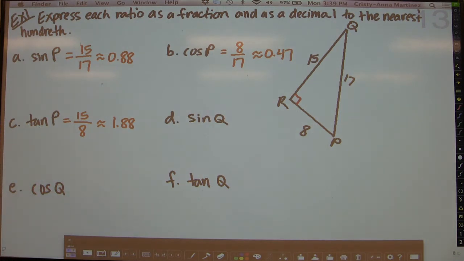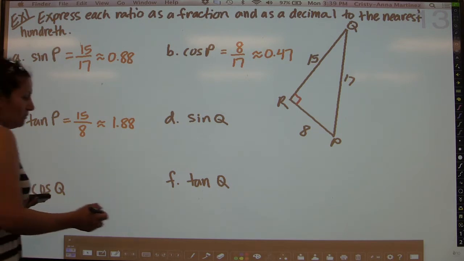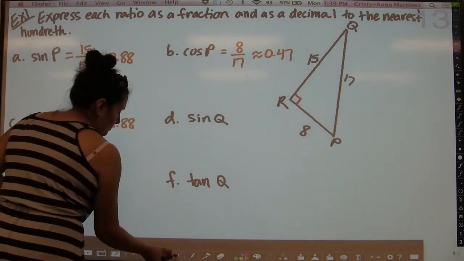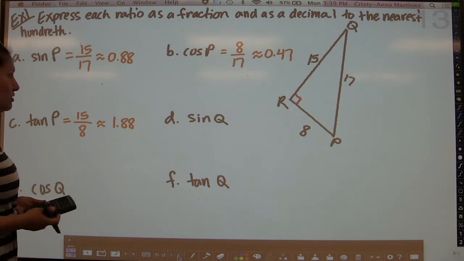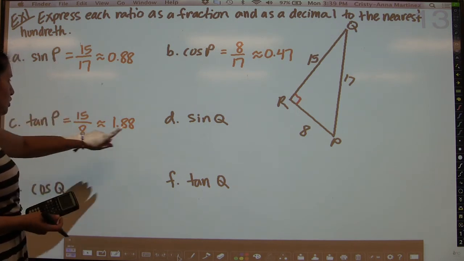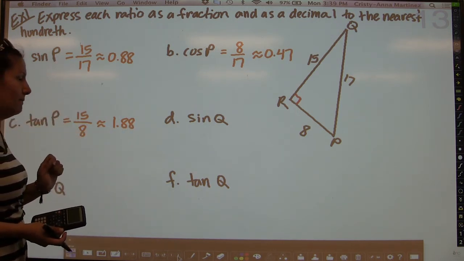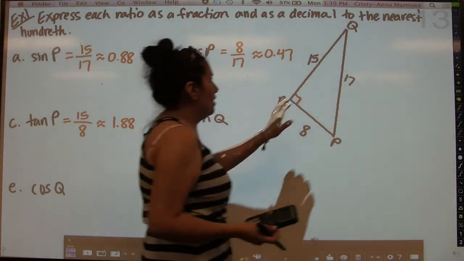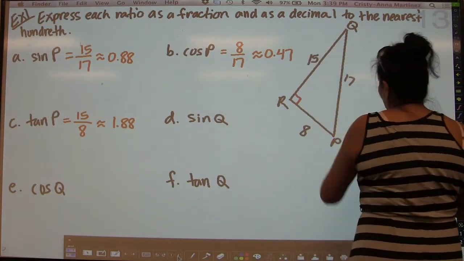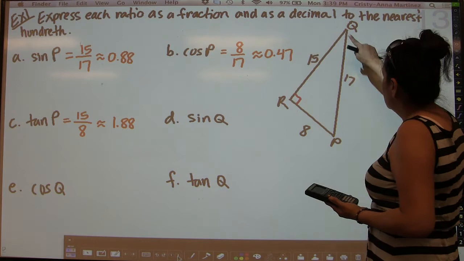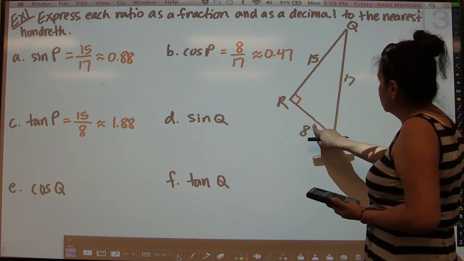So then we do the exact same thing, only this time we're going to be doing Q. So now we've switched from P to, for D, E, and F, we're going to go with angle Q. So here's my angle Q this time. And for the sine, remember that's opposite over hypotenuse. This one's going to be opposite, which is 8.